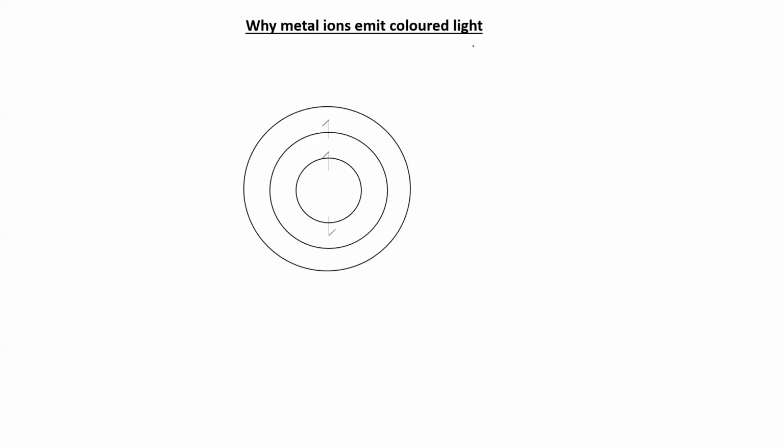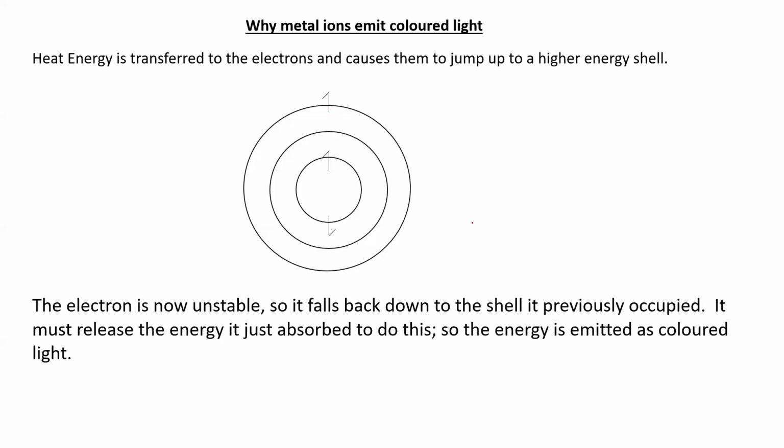So the reason why a metal ion emits colored light: we've all done the electron shells and the electrons in certain places. When they're heated up, the electrons are given a bit more energy. Looking at the diagram on the screen, if you heat them up, the electrons can jump up levels.